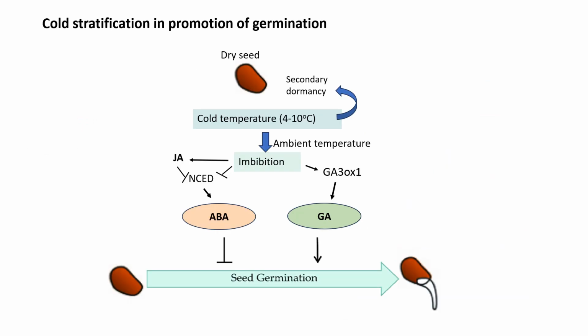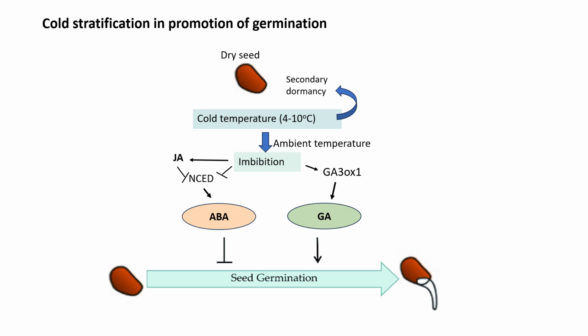In temperate regions, dormancy is relieved by exposure of seeds to a period of chilling temperature in the dry dormant state. Seeds experiencing moist chilling in the soil during winter enter secondary dormancy and delay germination until the following spring.